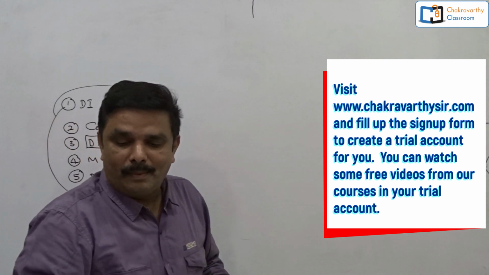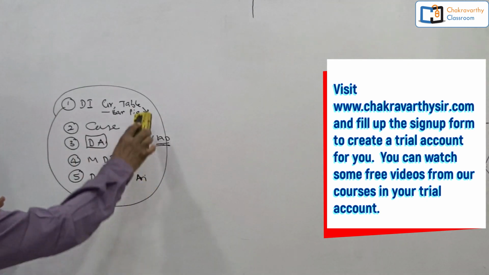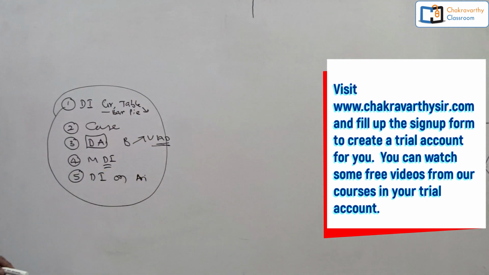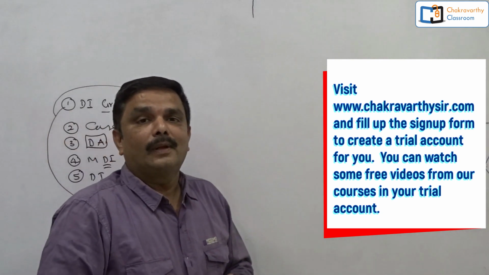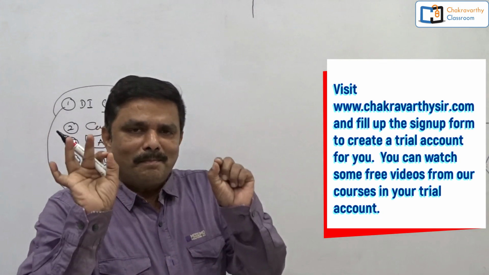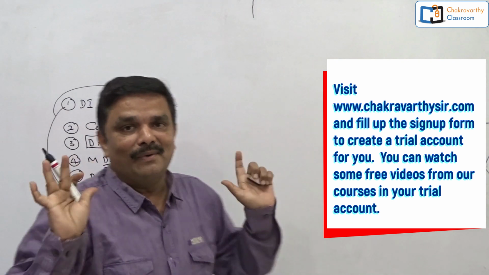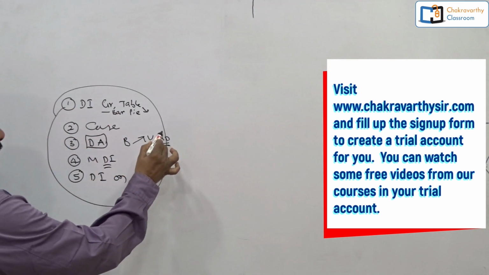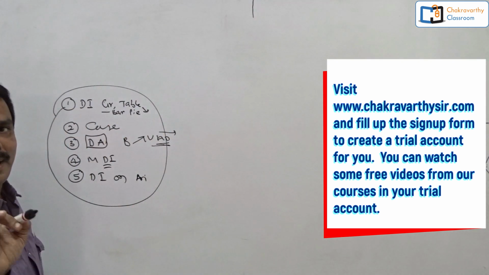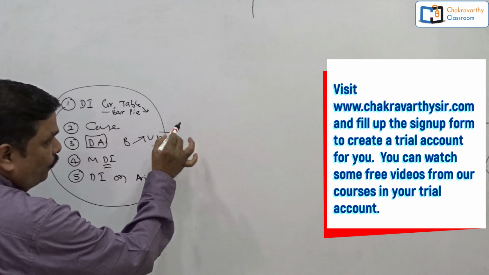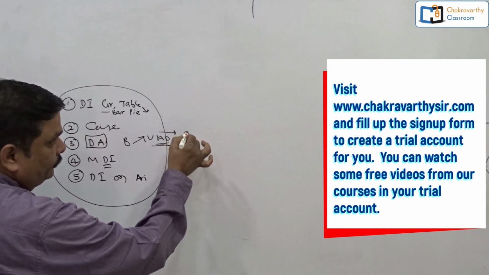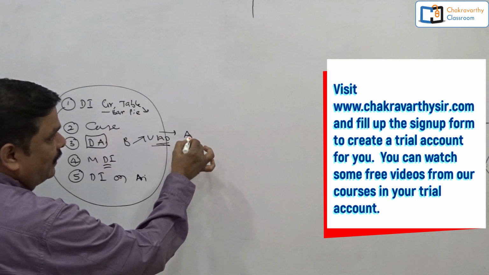But students, remember one thing: for all types of data interpretation, whatever it may be, the strategy is the same. How to handle this? In simple words, in data interpretation, two parts are there. First, you need to analyze the given data.